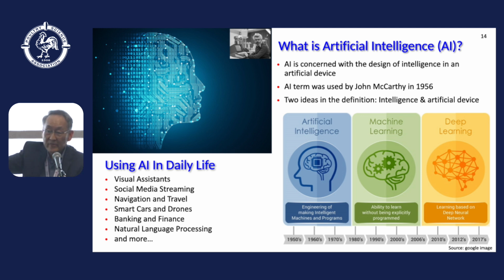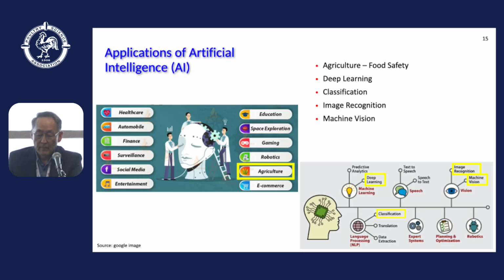So you can use AI daily, such as visual assistants, social media, streaming, everybody has it, right? And then navigation, even smart cars, drones, banking, finance, and natural language processing. So we use AI a lot. But how about the applications? There are many applications where we can use AI, such as healthcare, automobile, finance, surveillance, education, even gaming, robotics, and agriculture.